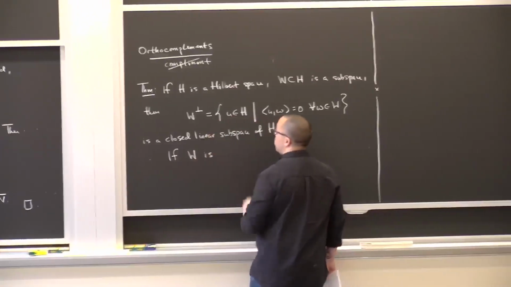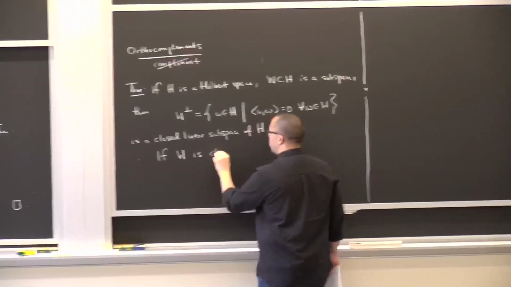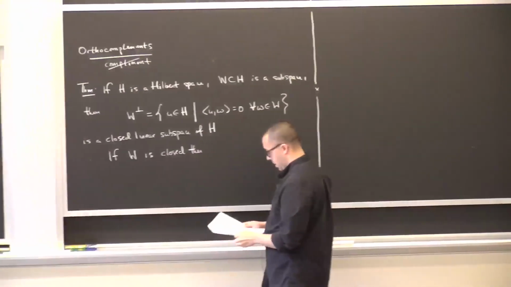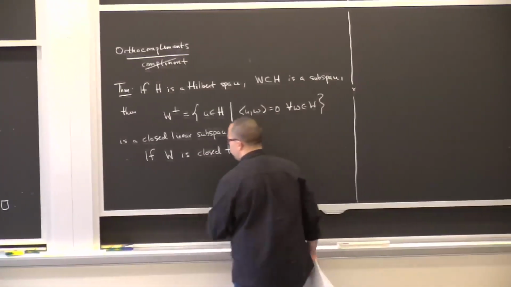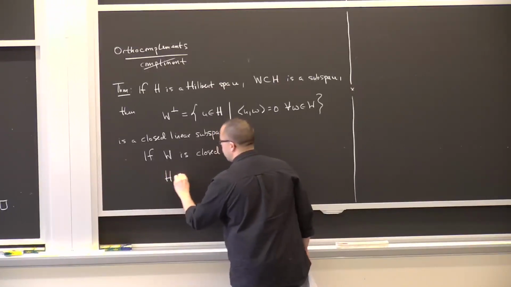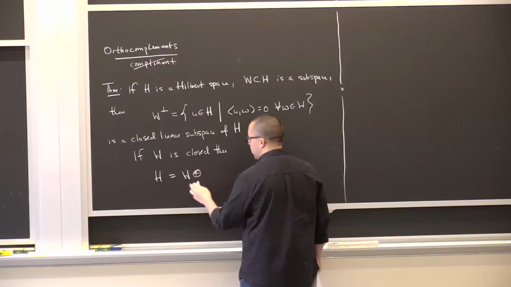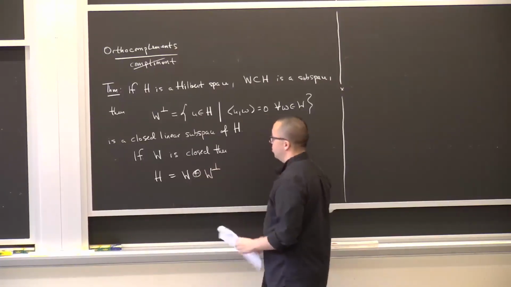If the subspace we started with, W, is closed, then in fact we can write H as the direct sum of W and its orthogonal complement. What does this mean?